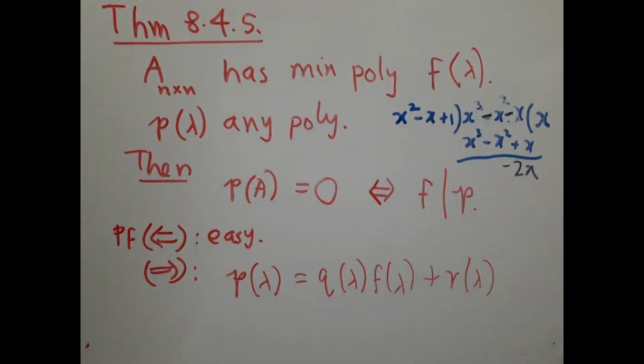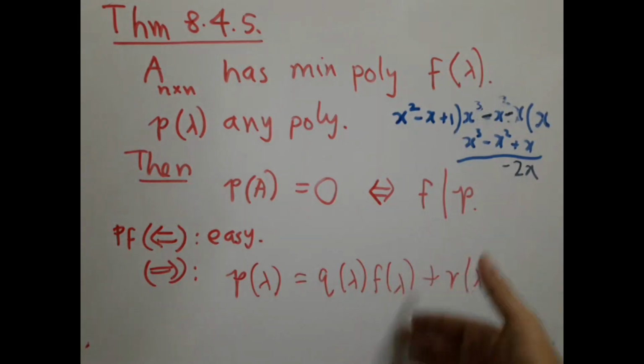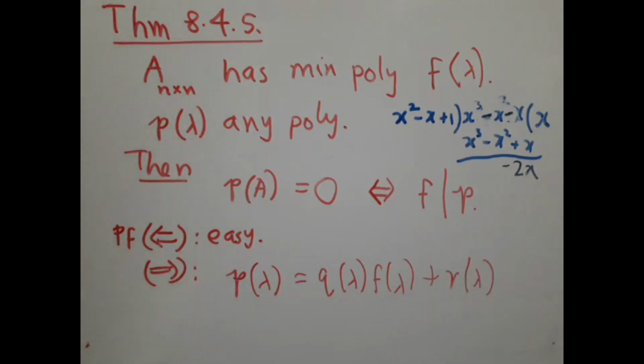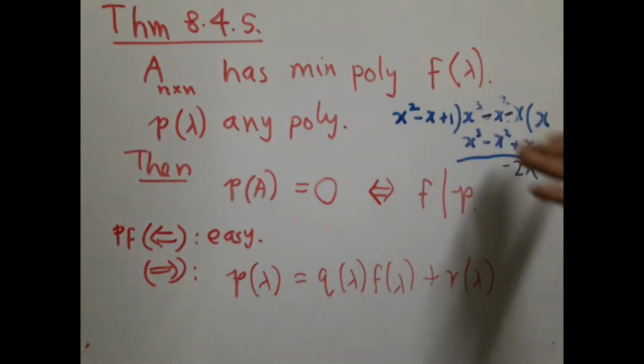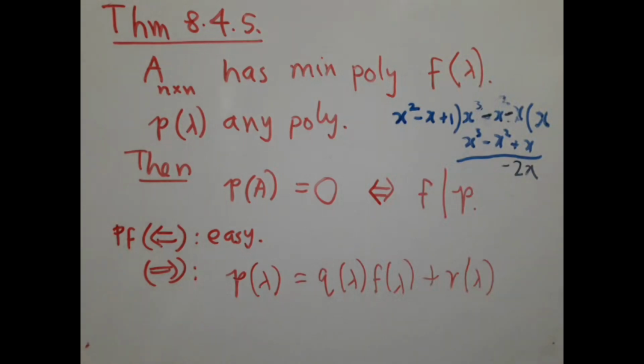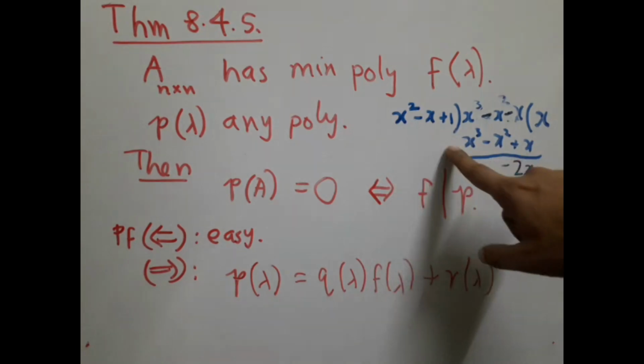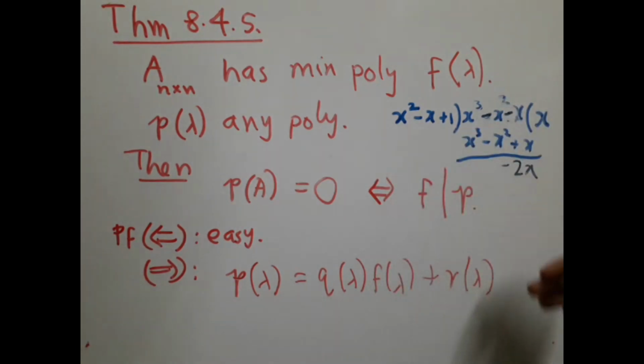So when I want to show that f divides p, I have to show that the remainder r(lambda) is 0. Now we know from the property of polynomial division that the remainder must have degree less than this, because otherwise I will have continued one more step.